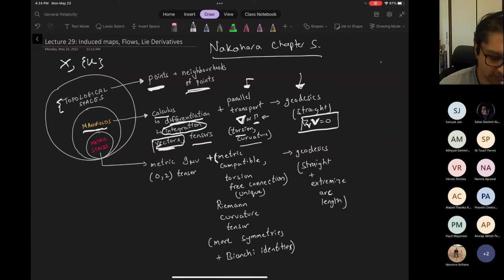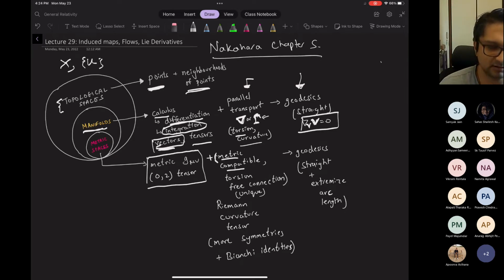Then within manifolds, if we impose even more additional structure, which is to say that there is a metric tensor, a metric g_mu nu, which is a type (0,2) tensor, which has two dual vector type indices, and we assume some properties for these metrics, like its signature and so on, then we saw that there is a unique connection gamma which is metric compatible.